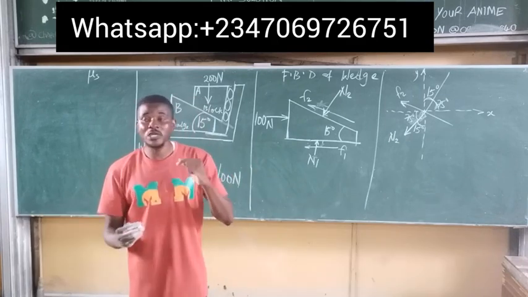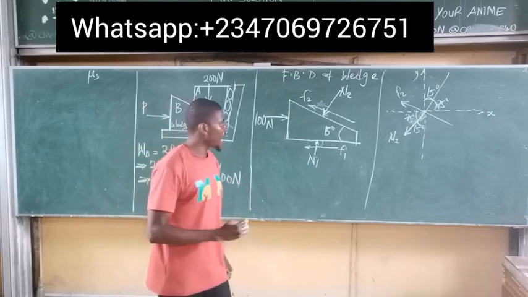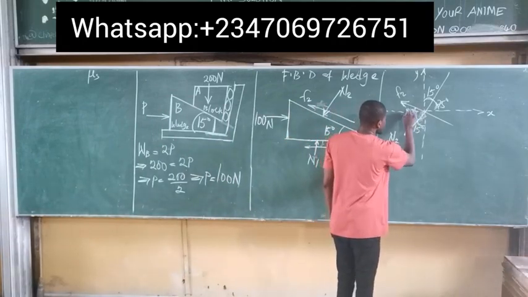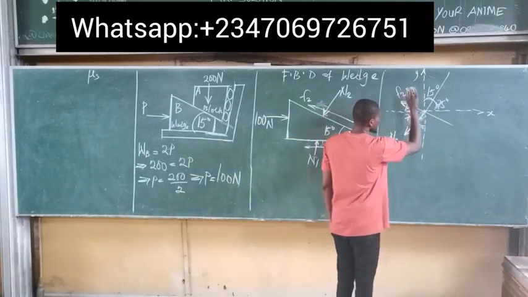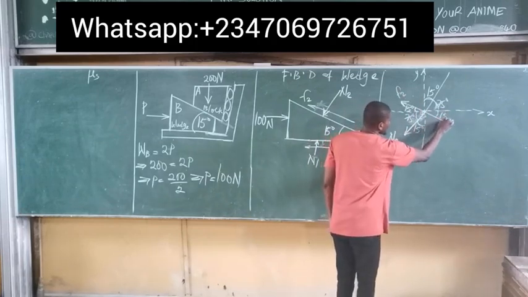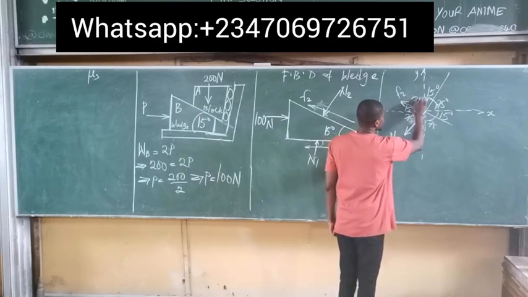I have my frictional force here, this is the horizontal line, and this angle here is also 15 degrees. So here becomes 75 and here becomes 75.